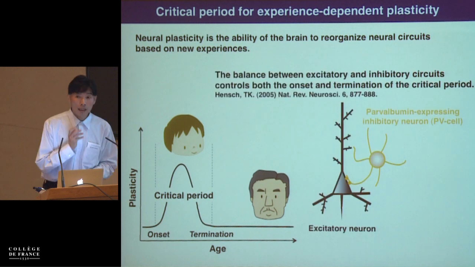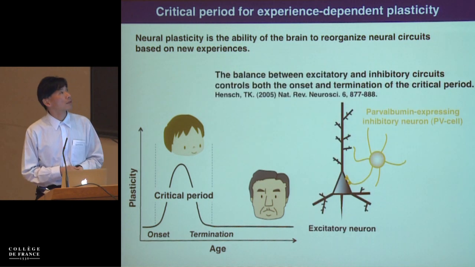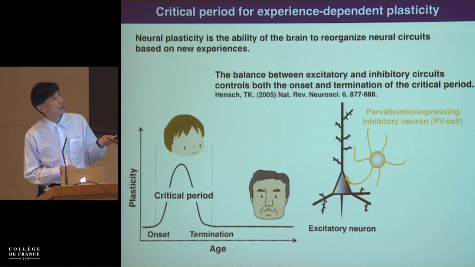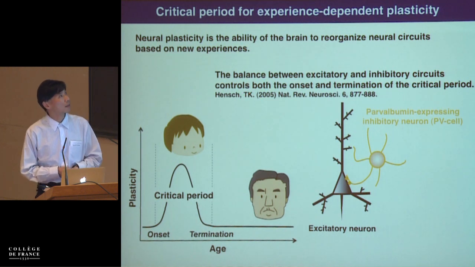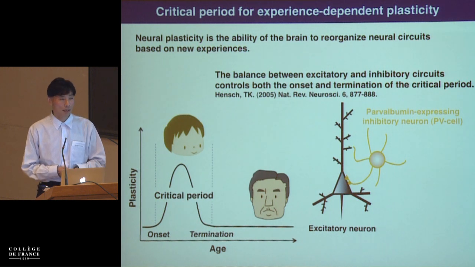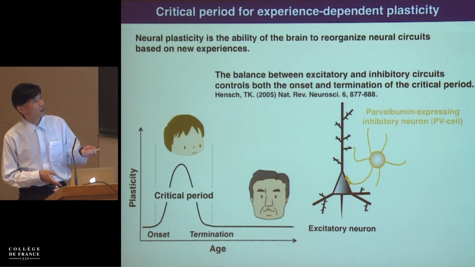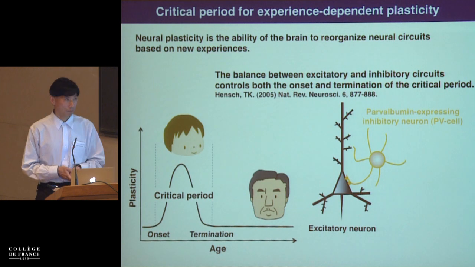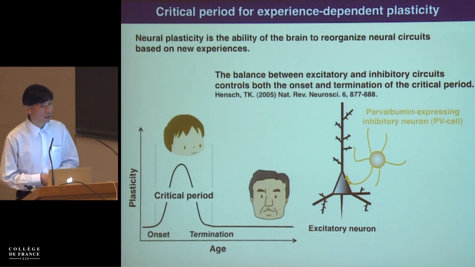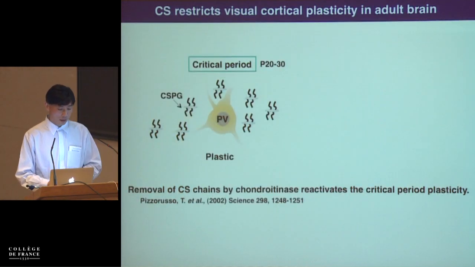Kitagawa already mentioned that the balance between excitatory and inhibitory circuits controls both the onset and termination of the critical period. Especially the parvalbumin-expressing inhibitory neurons, PV cells, play an important role in this process.